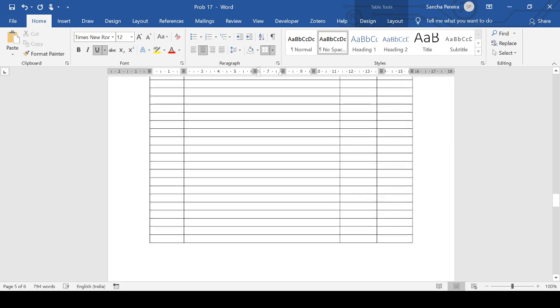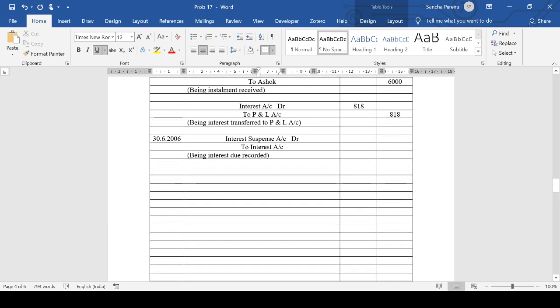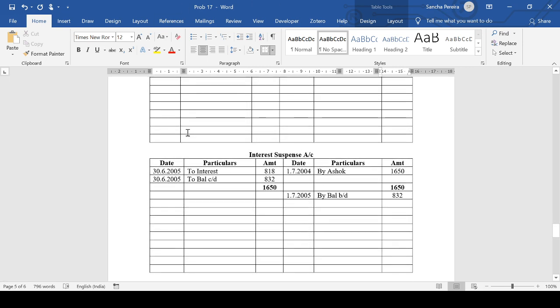Okay. So, we had started with the second year now. In the second year, the interest is 558. So, post this accordingly in the interest suspense account and the interest account. So, 30th June 2006 to interest 558.